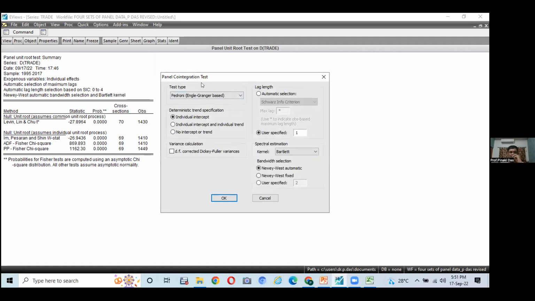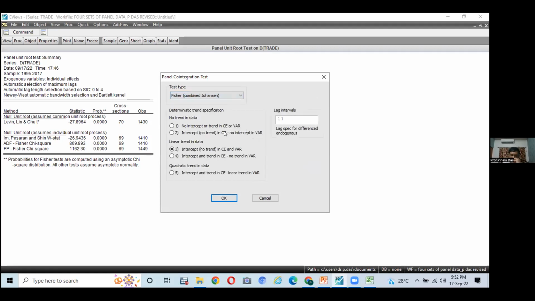This is the panel co-integration test dialog box. Under the test type, there are alternative methods for co-integration tests, as I mentioned in my PowerPoint: Pedroni test, Kao test, and Fisher-Johansen co-integration test. We can select any one or all the tests. For the time being, I select the Fisher-Johansen co-integration test.